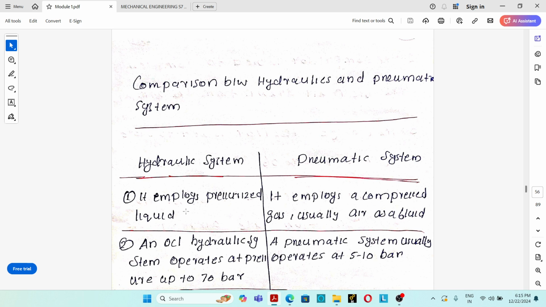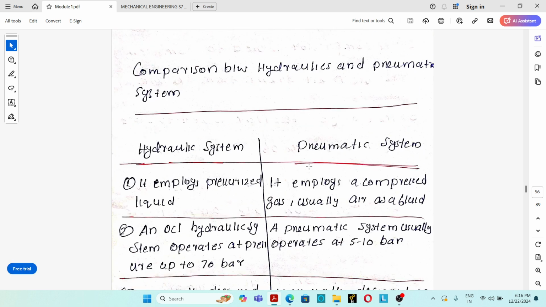What is the importance of pump, compressor and actuator in a hydraulic and pneumatic system? Pascal's law and its importance in a hydraulic system. Hydrostatic and hydrodynamic system. Then fluid transport and fluid power system. What are the components in a hydraulic system and in a pneumatic system, and comparison of hydraulic and pneumatic system.